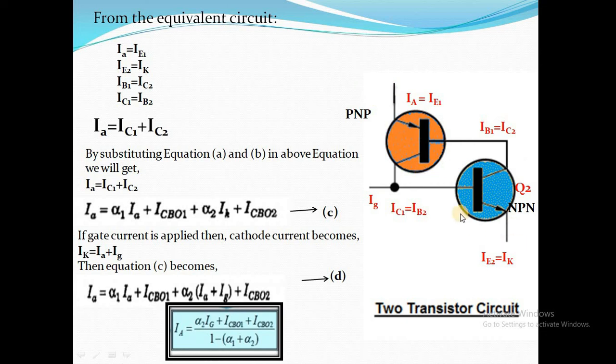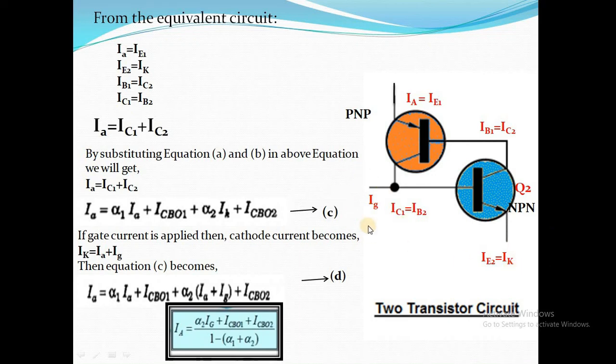So this indicates that the gate is used to turn on the SCR, and once the SCR turns on, if we make the gate current 0, or if we switch off the supply, the SCR still remains in a conduction state. That is, the gate has control only to turn on the SCR, and to turn the SCR off, we need to make anode to cathode reverse biased, or we need to remove the supply from anode to cathode.